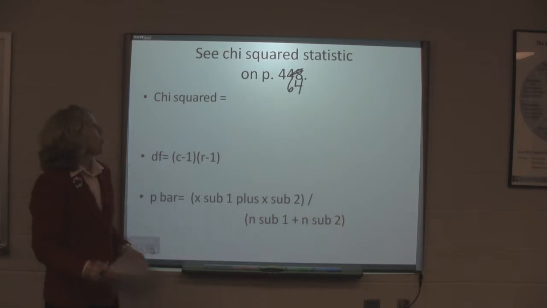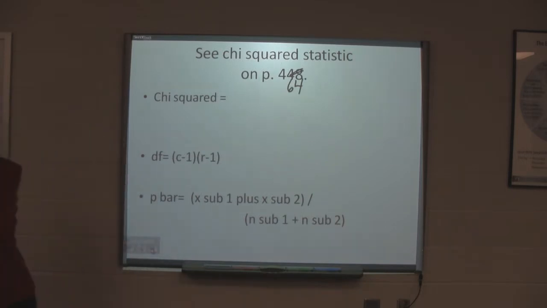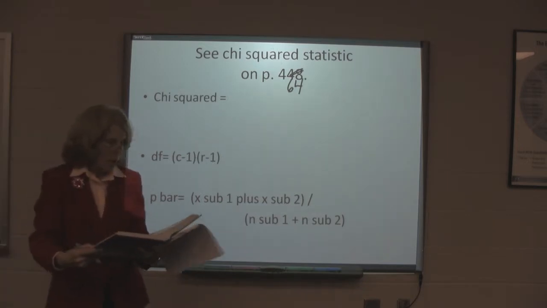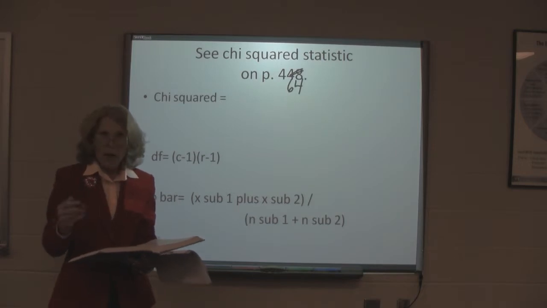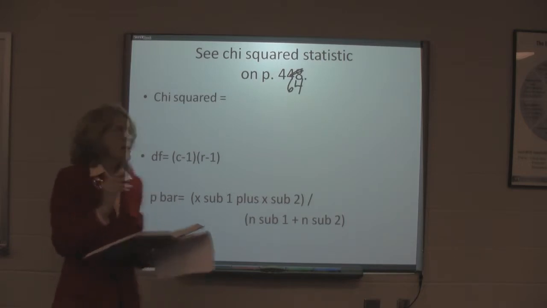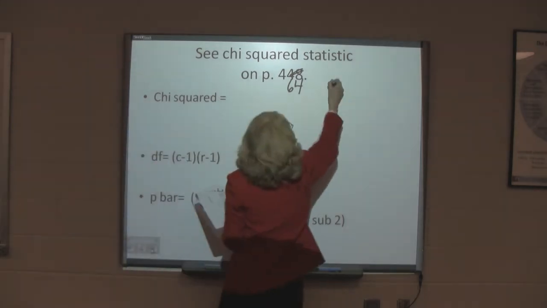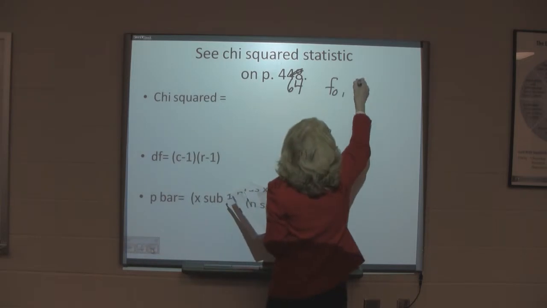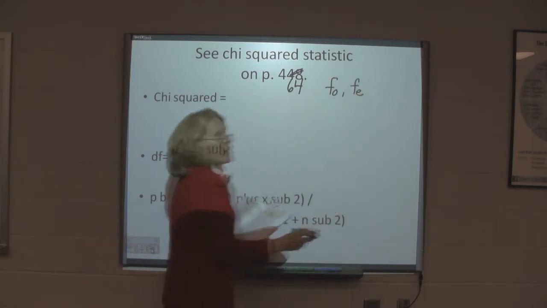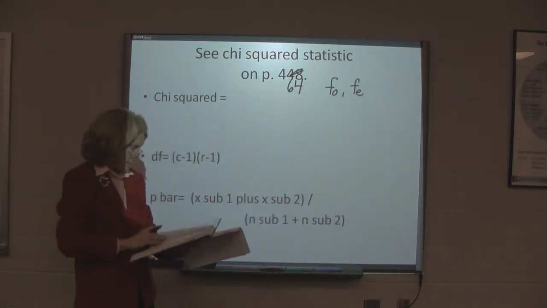So let's look in our books on page 464. On page 464, you see at the top in 12.1 the formula for the chi-square test, and you notice the little f sub o's, f observed, and f expected, f sub e's.